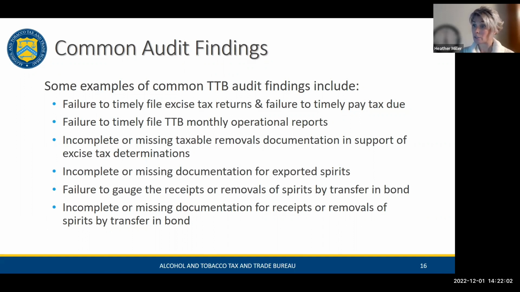Specifically, the transfer records need to include a unique serial number of the transfer record, the serial number and date of TTB Form 5100.16, which is the application of transferred spirits, the name and DSP number of the consignor, the name and DSP number of the consignee, the account from which the spirits were removed for transfer, that is the production, storage, or processing account, a description of the spirits, a notation to indicate when spirits are being transferred in bond from a production facility to another DSP, the identification of the conveyance, the identity of the seals, locks, or other devices affixed to the conveyance or package, the date of transfer, and the signature and title of the consignor, including a penalty of perjury statement.